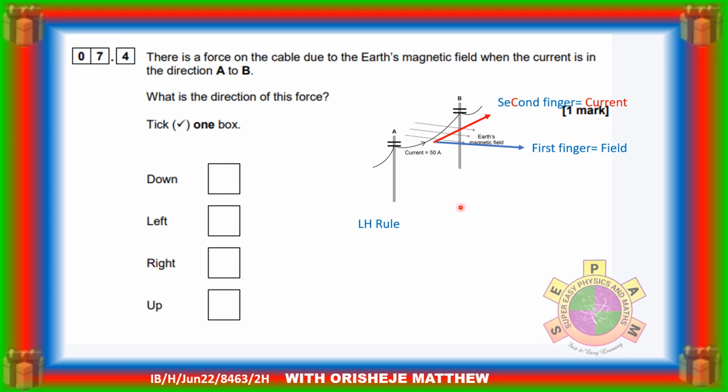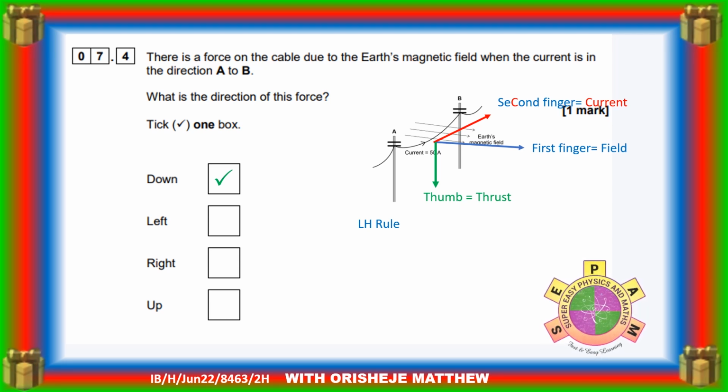Then your thumb is going to point downward, which is the direction of the thrust, the force acting. So you use your left-hand rule to identify this. Which direction would the force go? It is going to go downward. So this is using Fleming's left-hand rule.